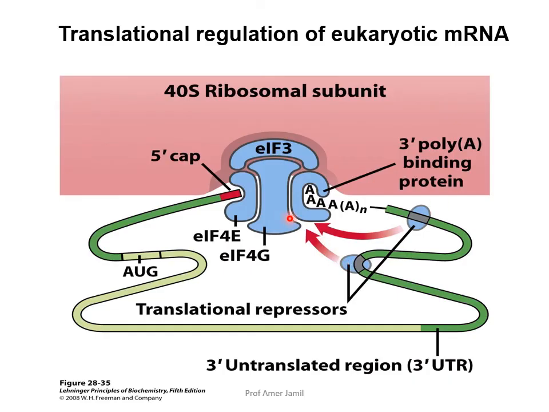As you can see from this figure, there is a binding of the poly A tail, and then there is a 5' cap that binds at this place. In my lecture on translation, I have discussed its details. So here is the 3' UTR where these translational repressors can bind, and they can perform this function of translational repression if needed in certain cases.